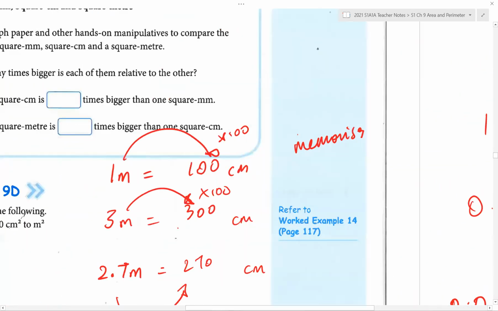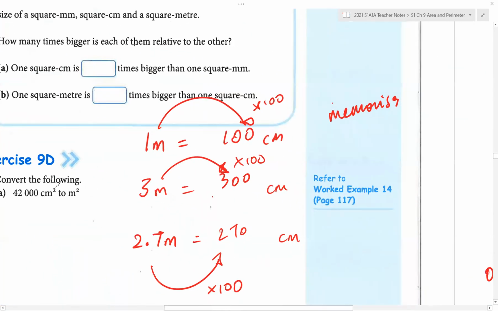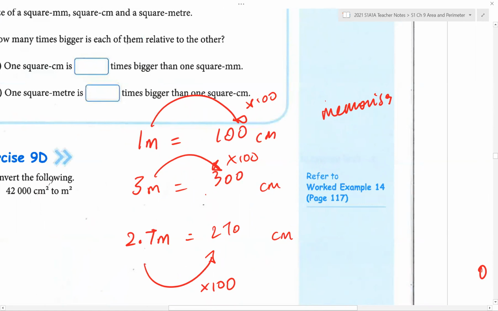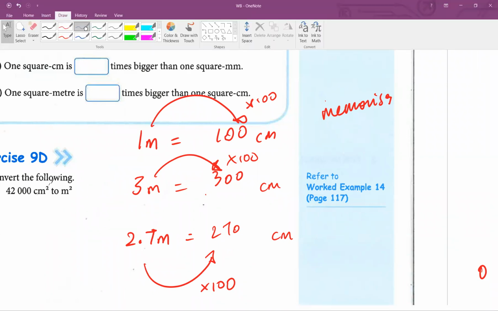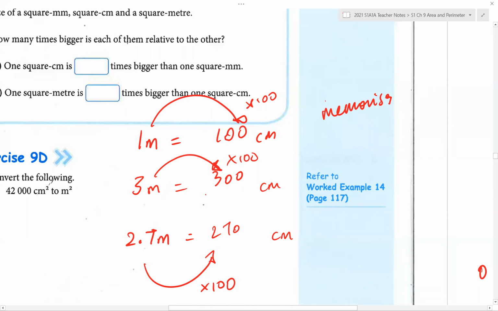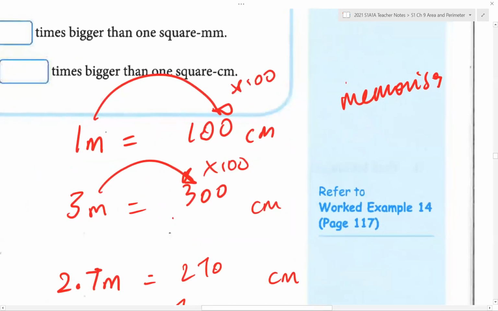Watch what happens when I have square. All look at the screen. I don't care whether you learned it before, you find the lesson very easy so far, or difficult, look at the screen now. So far in red, we have conversion from length to length. Now I'm going to convert from area to area. 1 square meter to cm square.